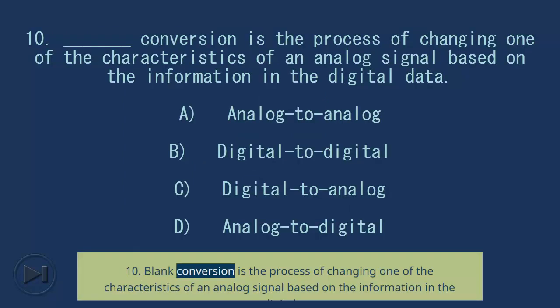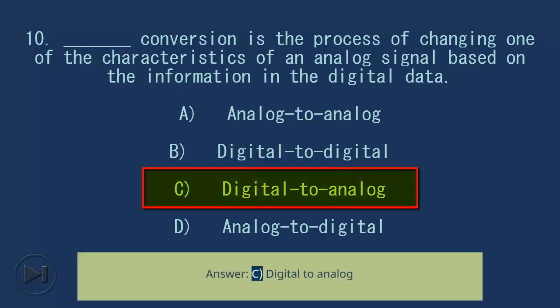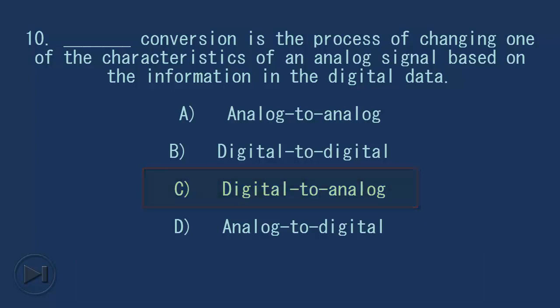10. Blank conversion is the process of changing one of the characteristics of an analog signal based on the information in the digital data. A. Analog to analog. B. Digital to digital. C. Digital to analog. D. Analog to digital. Answer, C. Digital to analog. 11.